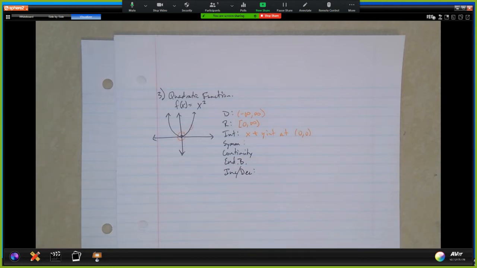So is it symmetric about the y-axis or is it symmetric about the origin? What would you say? You can drop it in the chat or unmute and share with us what you think. What are your thoughts?